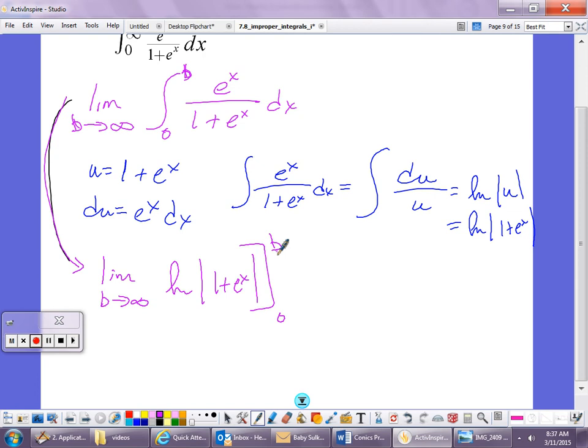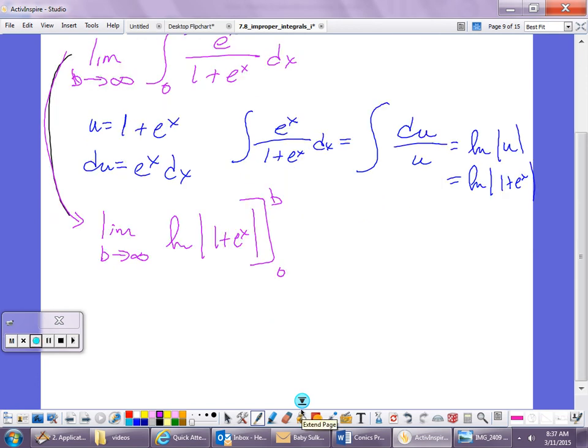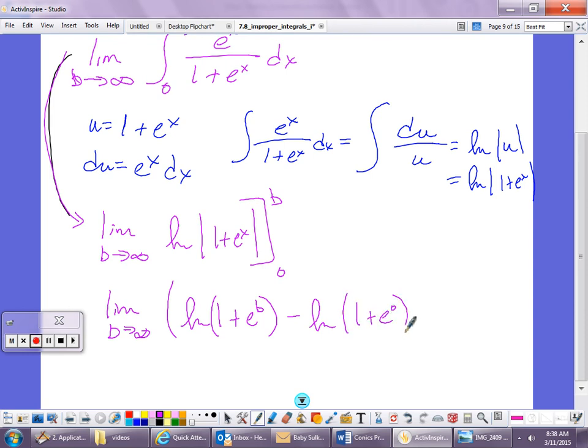Now, I'll do it the regular way I would evaluate any definite integral. It's going to be the value of this function at b minus the value of this function at 0. So I will say limit as b goes to infinity of ln 1 plus e to the b power minus ln 1 plus e to the 0 power.